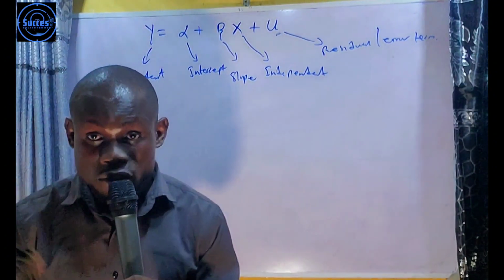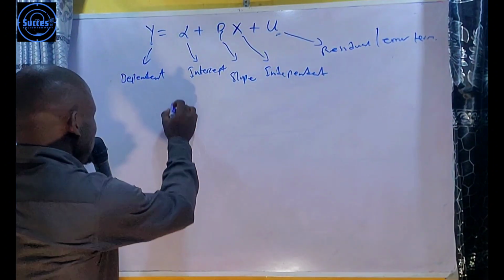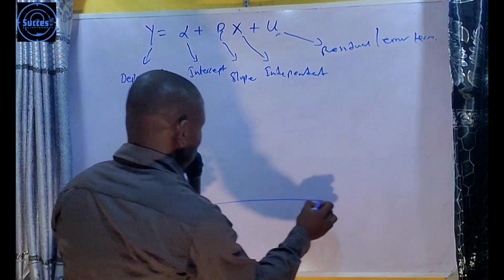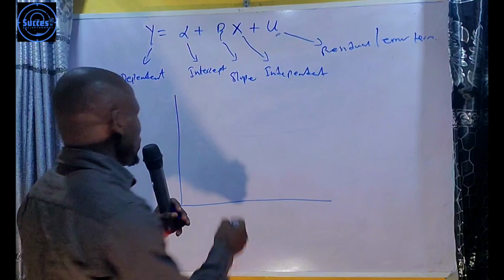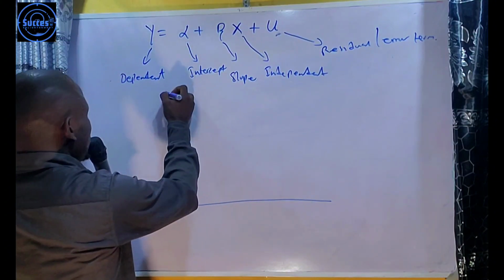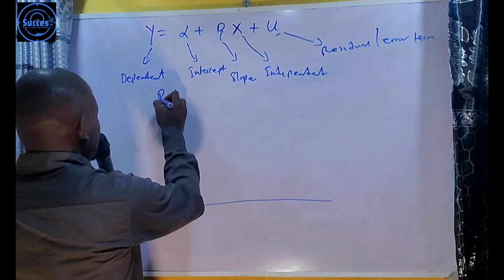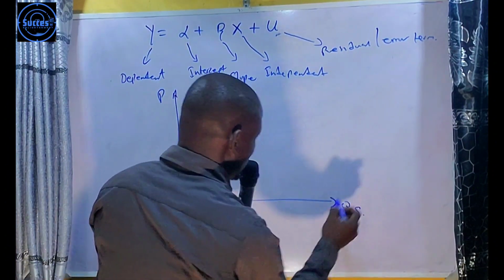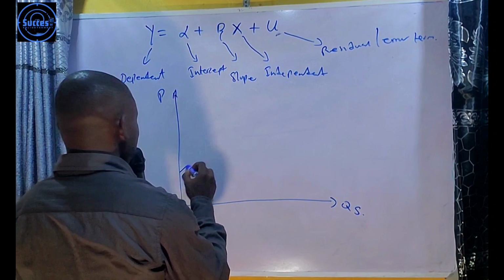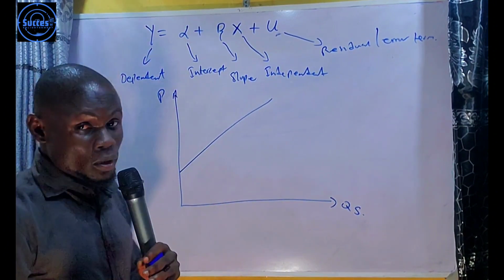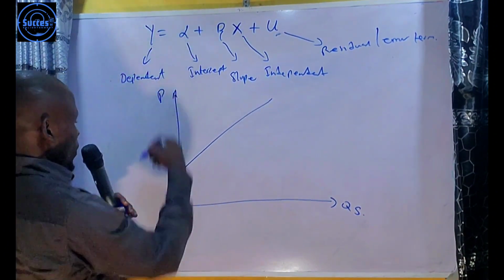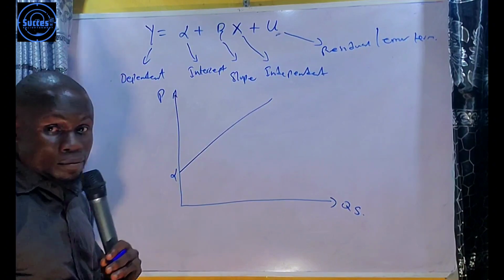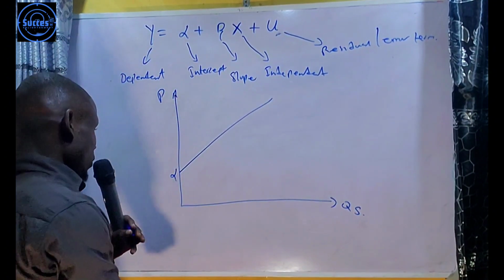Let's say this is a supply curve. You know how supply is drawn. This is your price, and this is your quantity supplied. Your supply curve doesn't start from the origin, because here we have an intercept. Our intercept here will be alpha.